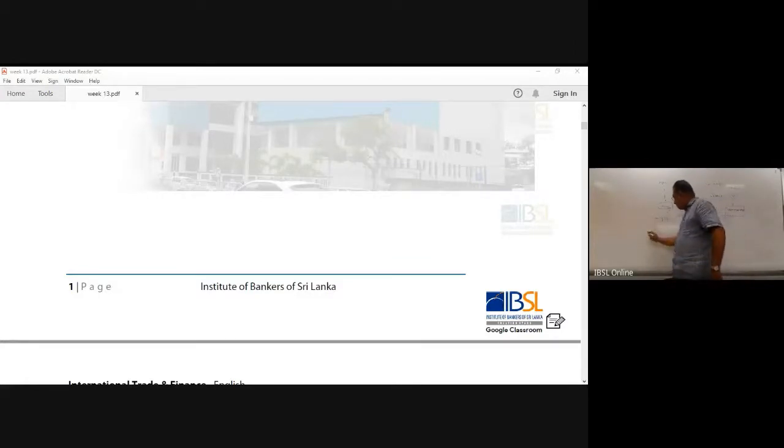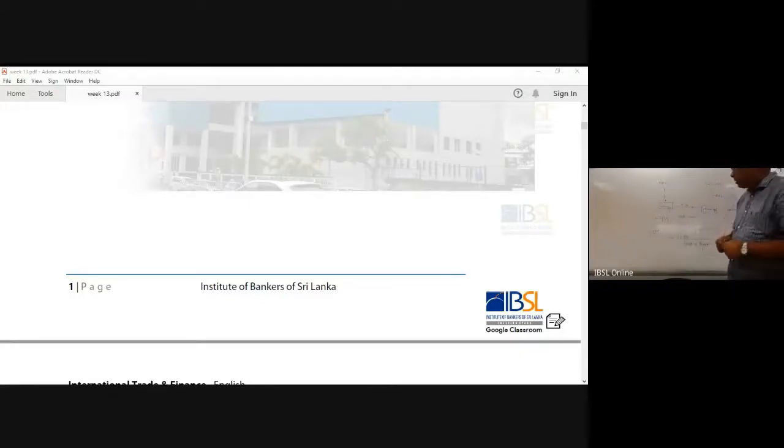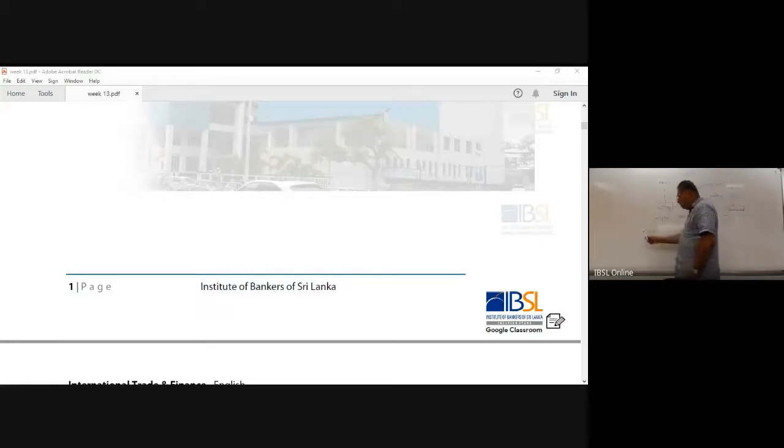Get the spelling right in deferred payment, D-E-F-E-R-R-E-D, there's a double R here. Available by sight payment, deferred payment, or acceptance with the issuing bank.